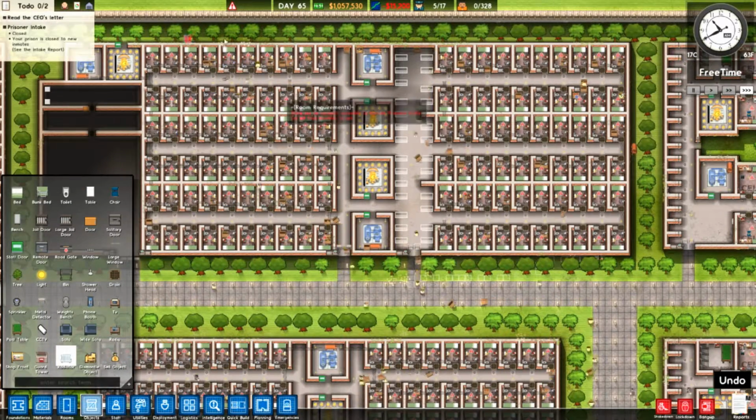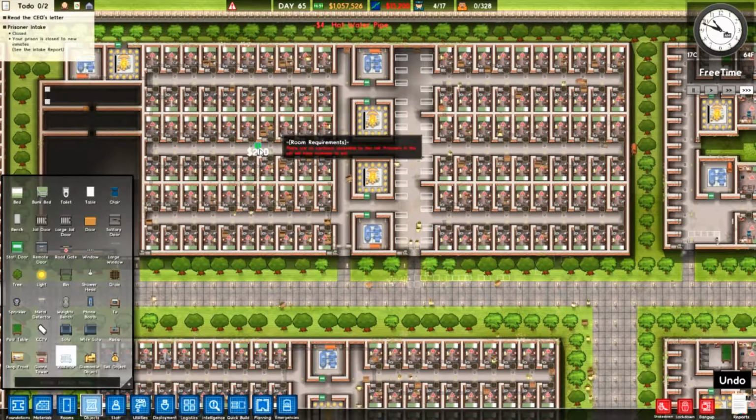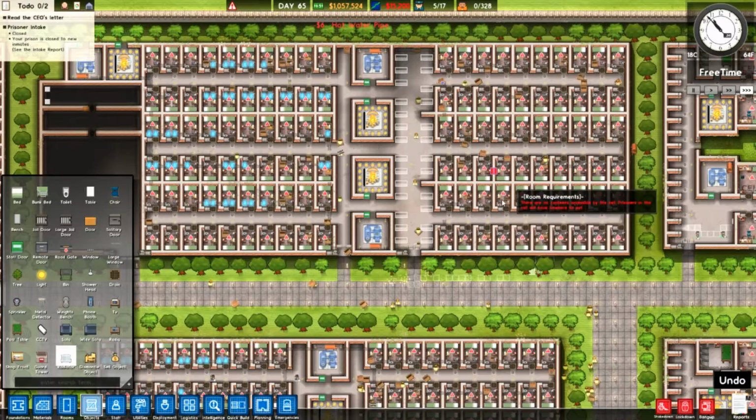Since there are no outer windows from each cell, I hope that these radiators are sufficient to provide warmth for all cells.